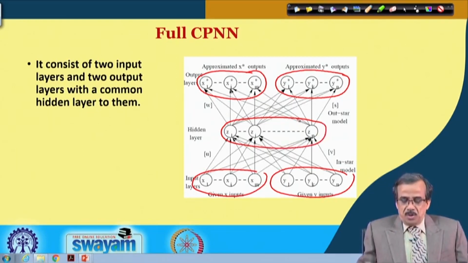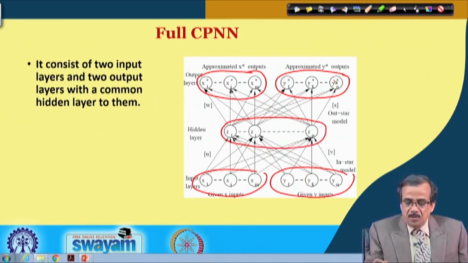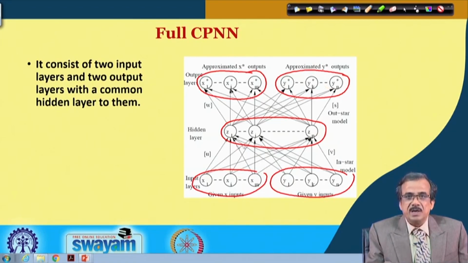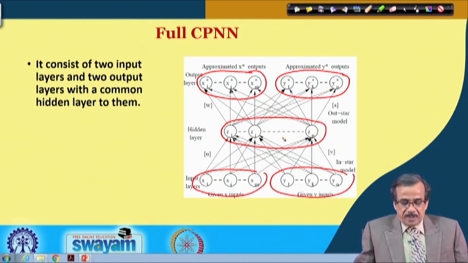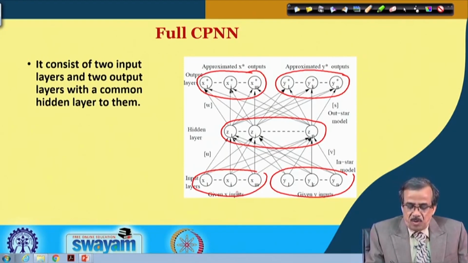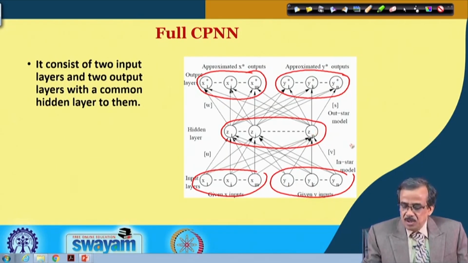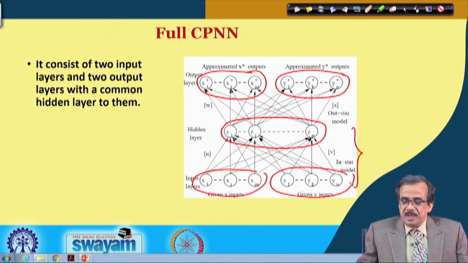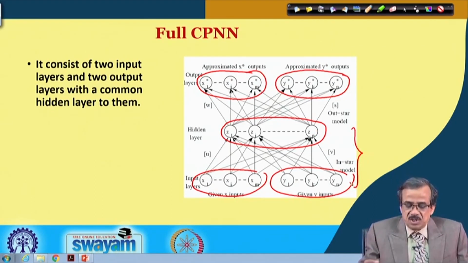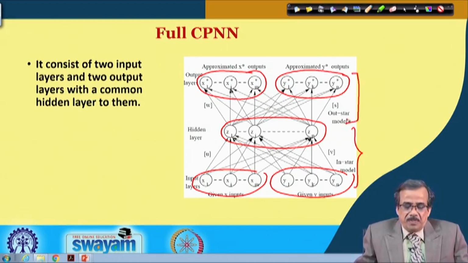So, we have got 2 input layers, 2 output layers and one hidden layer. The in star model consists of the input layers and this hidden layer, and the out star model consists of the hidden layer and the output layers.